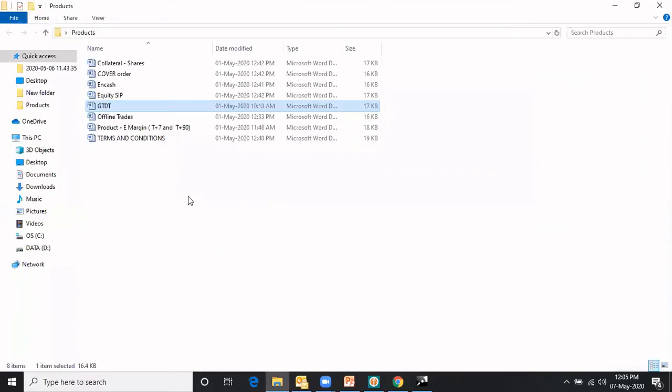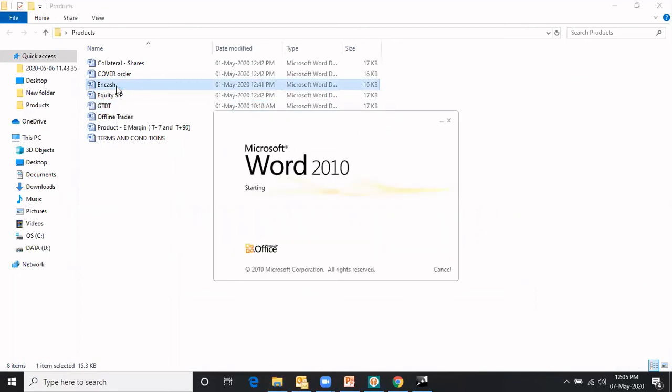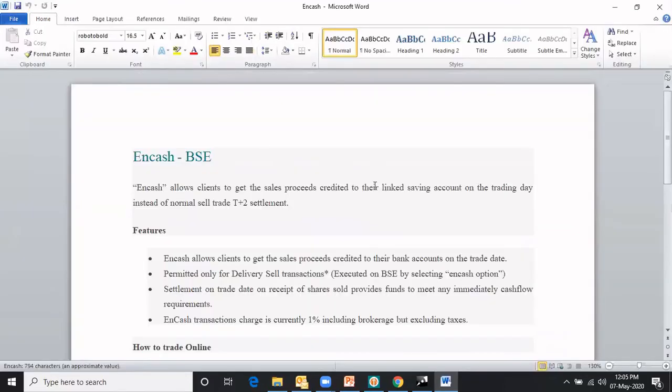Then we have another product called Encash. And in Encash, what will happen? As I told you earlier, in India, settlement is T plus 2. That means whatever stock I sell from my Demat account, to get the money out of it into my savings bank account, settlement is T plus 2. That means the exchange will pay the broker the sell proceeds on trading day plus 2 working days.